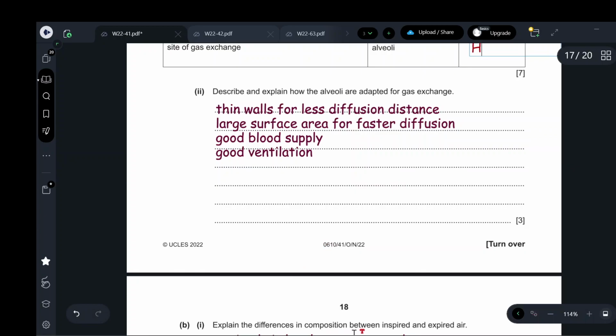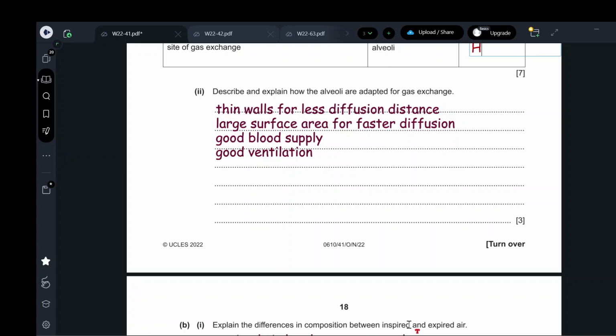Explain the differences in the composition between the inspired and the expired air. When you explain the difference, you do not just write the difference. You do not just say inspired air has more oxygen. Okay, yes, it does have more oxygen. Why? The expired air has less oxygen because it is used in respiration.